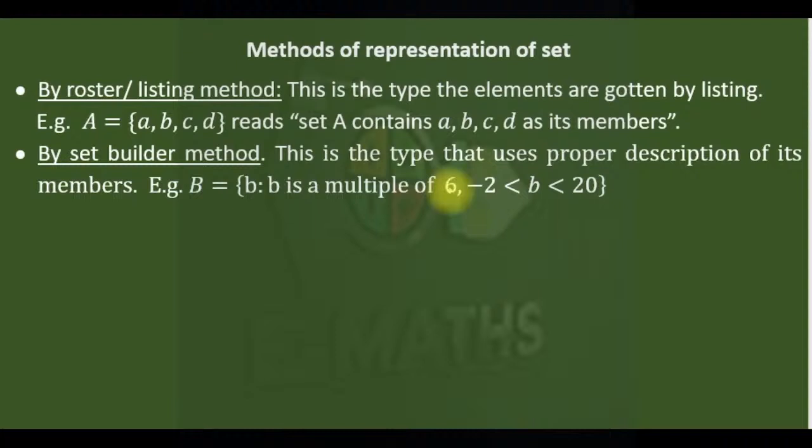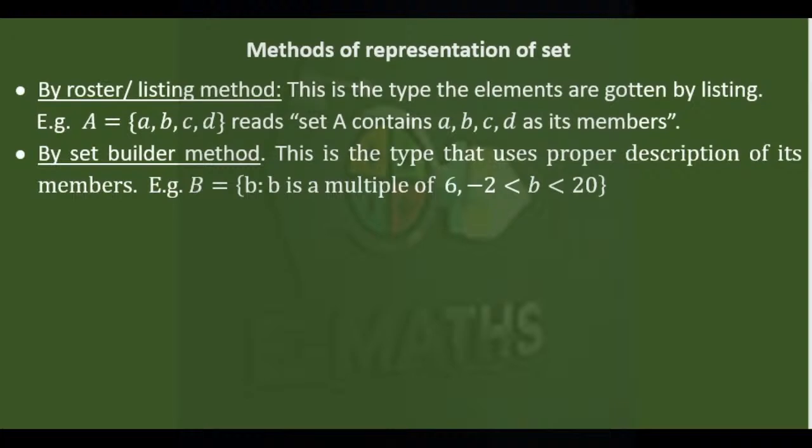Here, the set B must be multiples of 6 within this boundary, between -2 and 20. That's another way of writing a set. So we're done with the methods of representing sets.